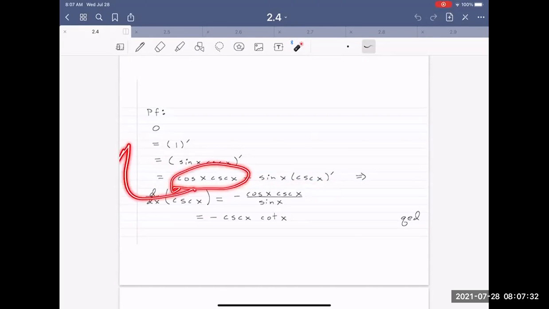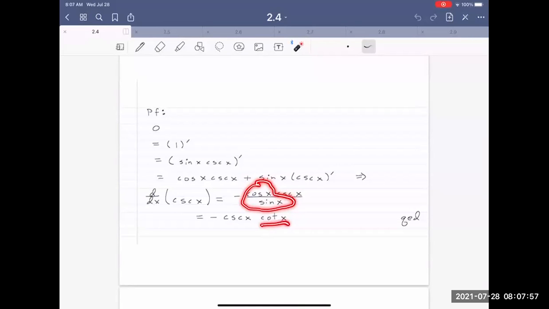Let's bring cosine x cosecant x to the other side of your equation and divide by sine x. Therefore, the derivative of cosecant x is equal to minus cosine x cosecant x over sine x. Cosine x over sine x is cotangent x, and so this is equal to a negative cosecant x times cotangent x. And that's what you wanted to show.